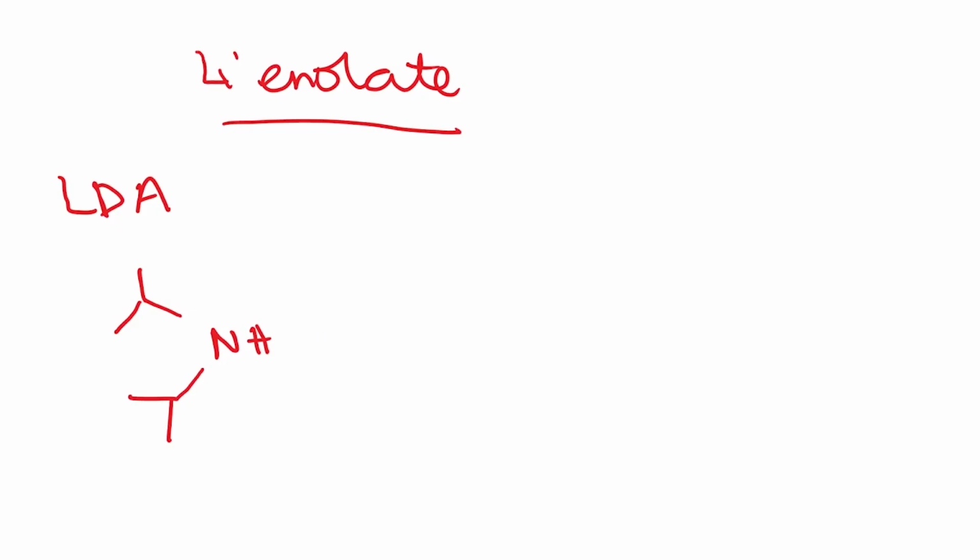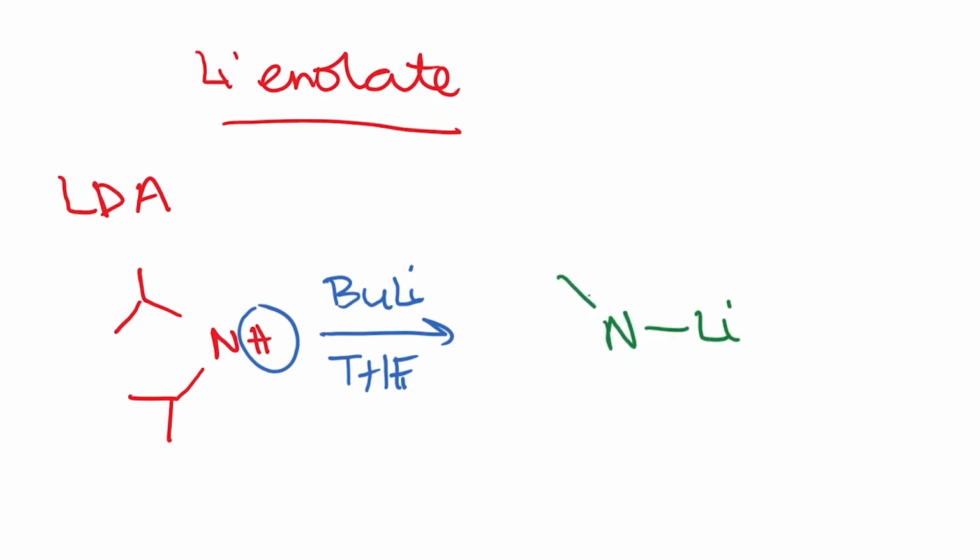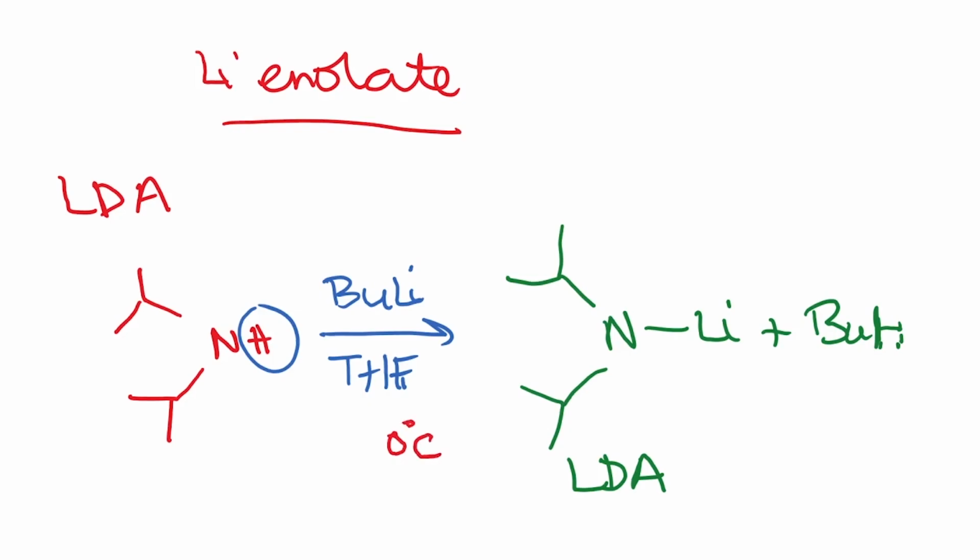Now, when I react this with butyl lithium in THF, this is the proton that is going to be abstracted, and we end up with N-Li, which is called lithium diisopropylamide, and of course the product that you get is butane, which I'm just going to write as BuH. This is very important, and of course this reaction is carried out at low temperatures.